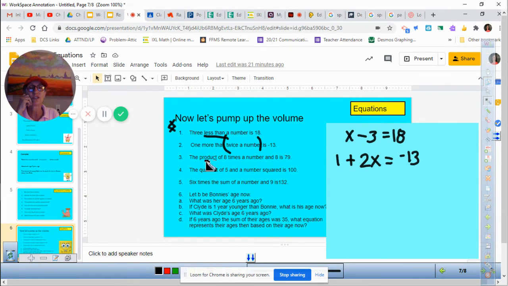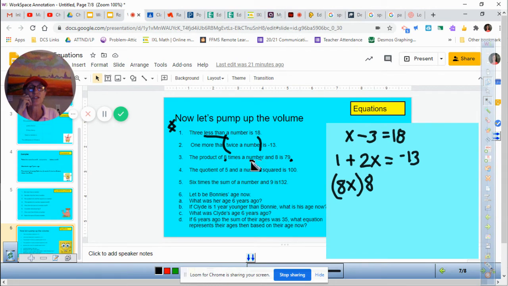So if I literally write down everything I read, I'm going to come out with the correct equation. Let's do number 3. The product of, well, remember, product means I'm going to be multiplying. 8 times a number and 8 is 79. The product of 8 times a number and 8.